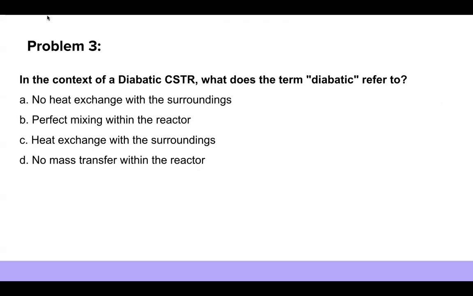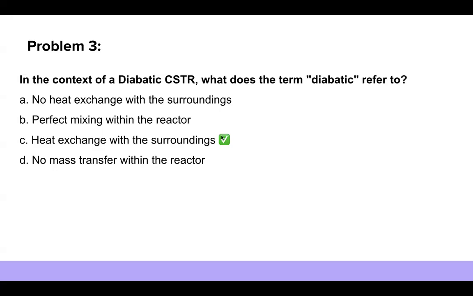Now the next question. In contrast to an adiabatic CSTR, the term diabatic refers to there being heat exchange with the surroundings.